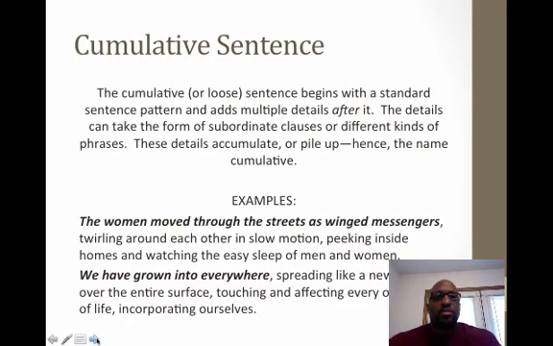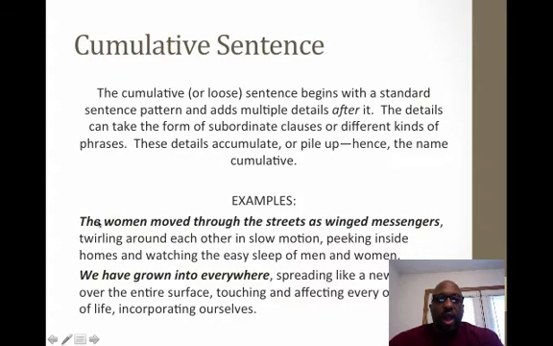All right, so here's the first type, a cumulative sentence. A cumulative sentence begins with a standard sentence and adds multiple details after it. These can be subordinate clauses or different kinds of phrases, and these details can pile up, making it a cumulative sentence. So let's look at an example. "The women moved through the streets as winged messengers, twirling around each other in slow motion, peeking inside homes and watching the easy sleep of men and women."